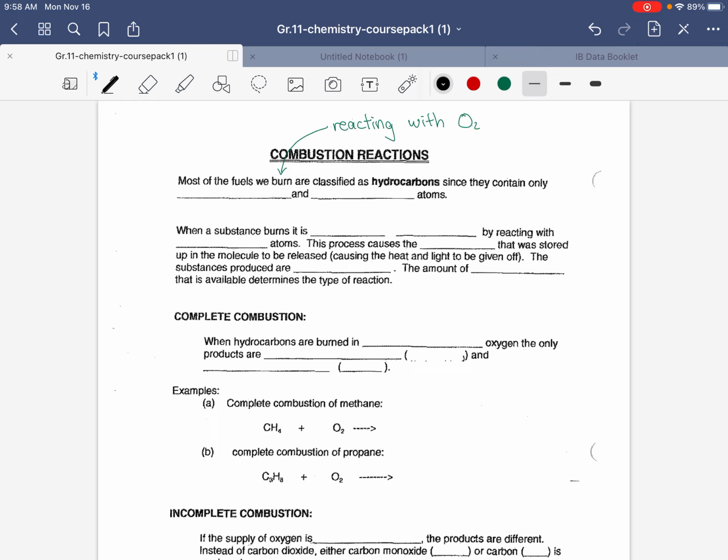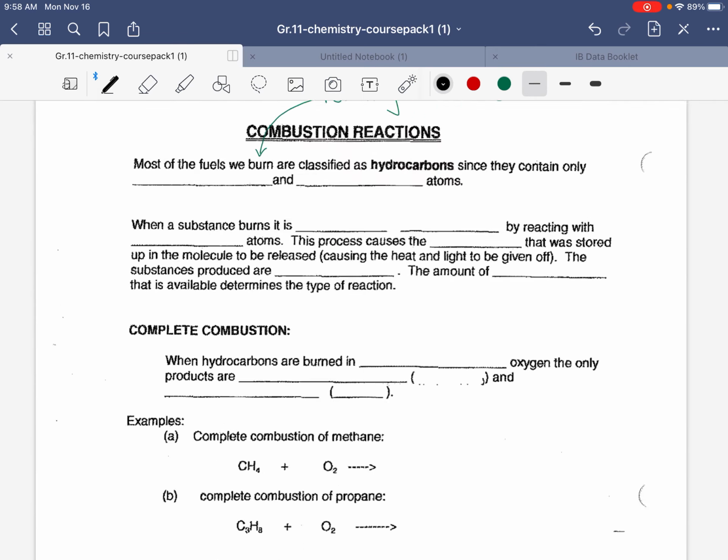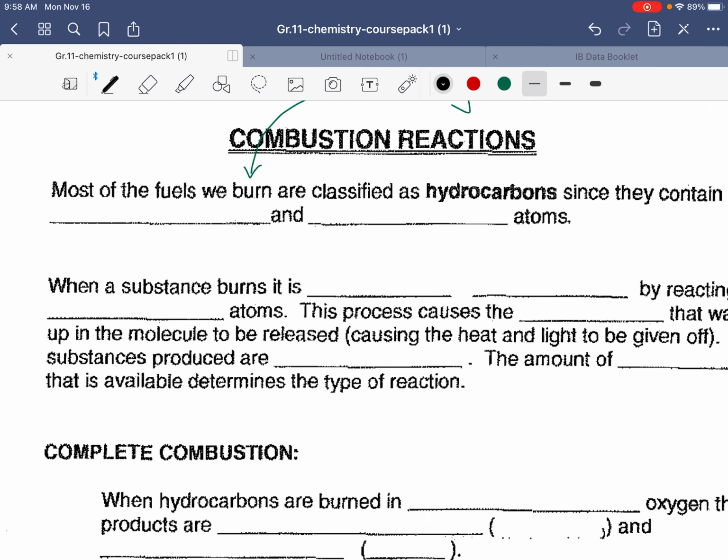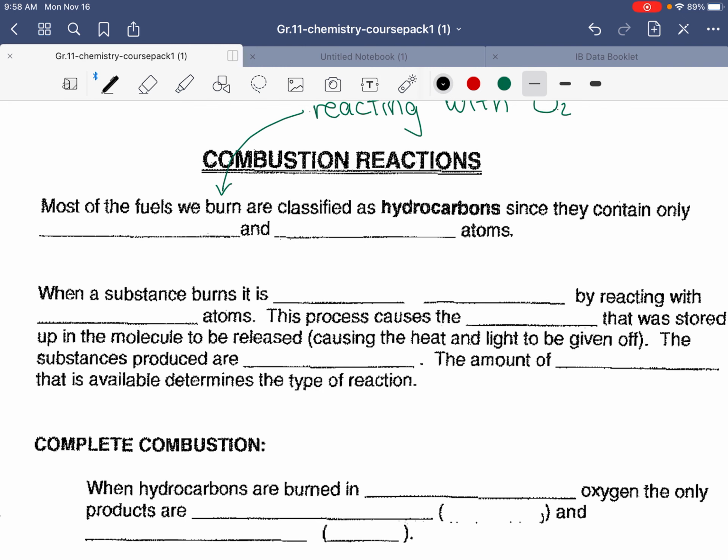Especially when hydrocarbons burn. What are hydrocarbons? Well, they're fuel. Okay? The stuff that you put in your barbecue tank, they're called propane. That's a hydrocarbon. Okay? The gas that goes into your furnace, called natural gas, that's a hydrocarbon.